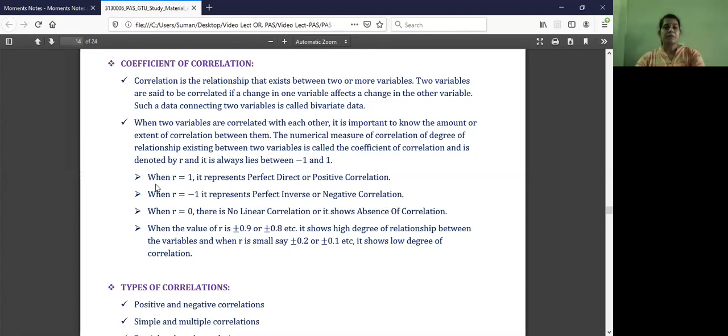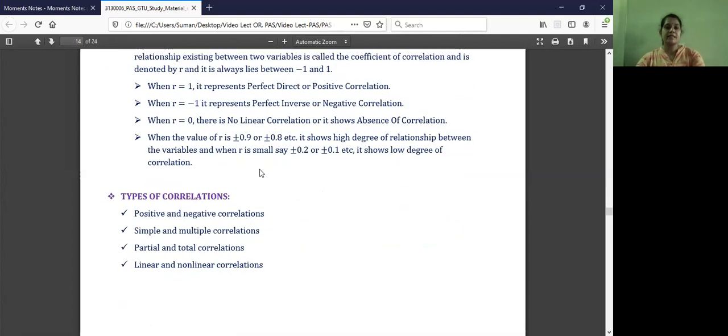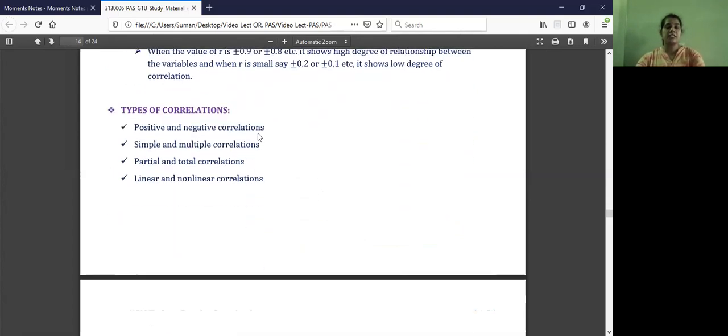Keep in mind, if r is equal to 1, it is positive correlation, and if r is equal to -1, then negative correlation. When r is equal to 0, there is no linear correlation, or it shows absence of correlation. Got it?